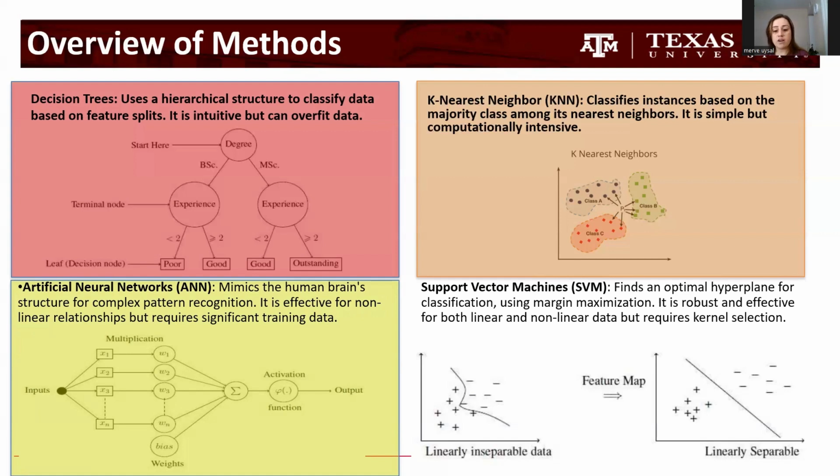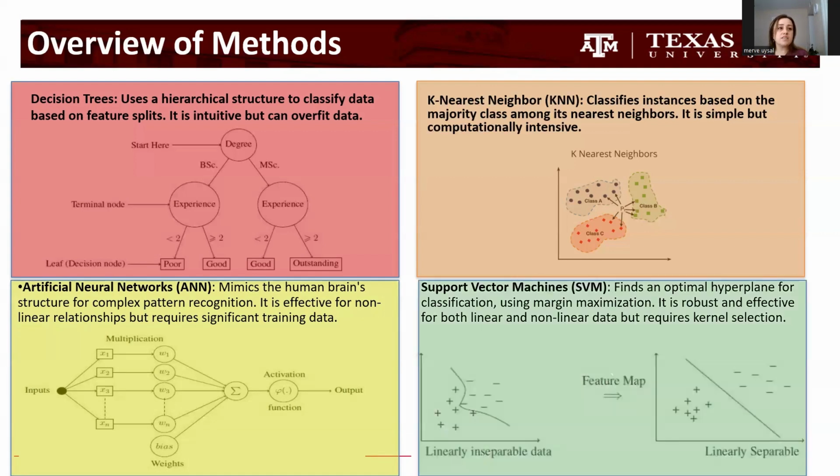However, they require large amounts of training data and computational resources, and the training process can be time-consuming. Additionally, ANNs can be difficult to interpret because they function as black boxes, meaning that it's often hard to understand exactly how a particular decision was made by the network.